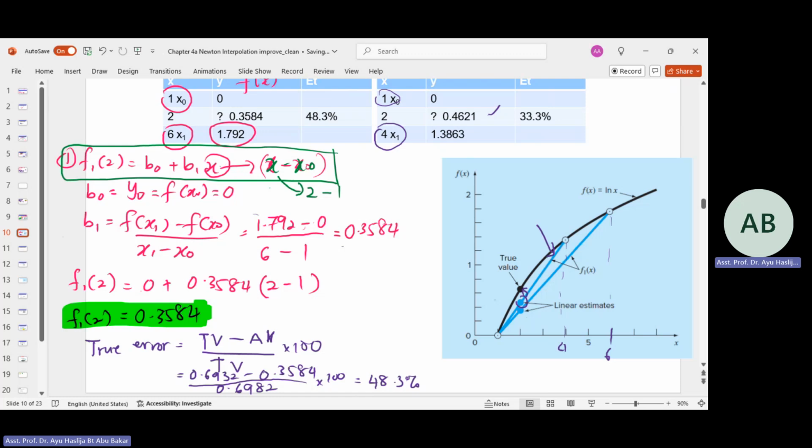So in the next example, 1 and 4, same. Now your question is when to include 4 minus 1. For linear, it doesn't involve.